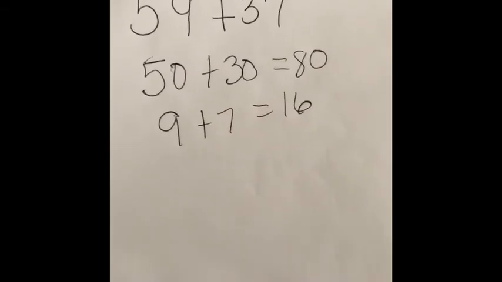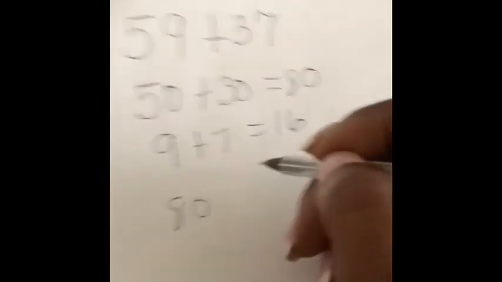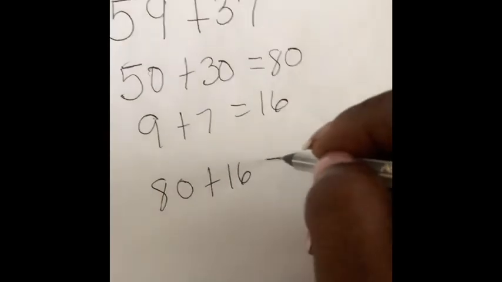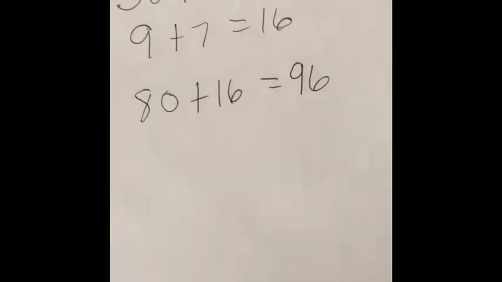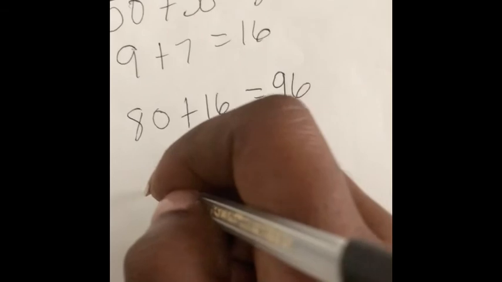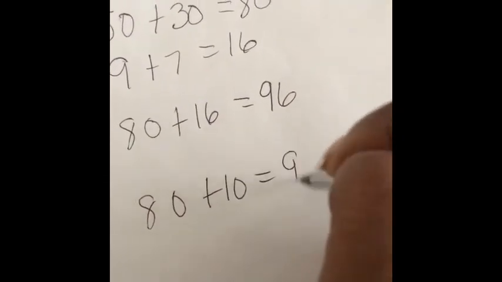Some students may see that I got 80 plus 16, and that gives me 96. But some students may have to take it to the next level and break that 80 or that 16 down and just say 80 plus 10 equals 90.